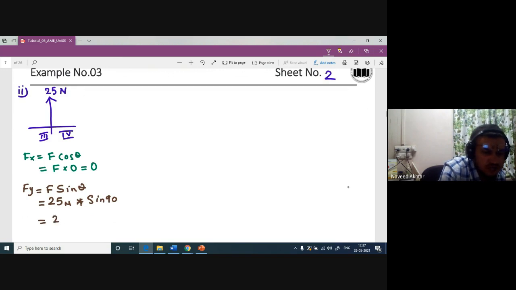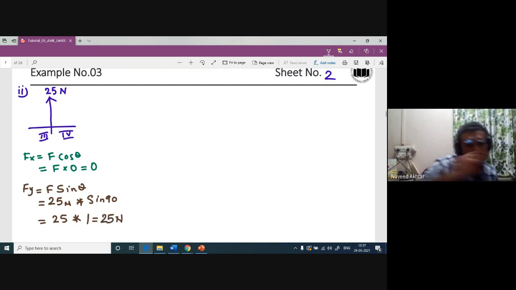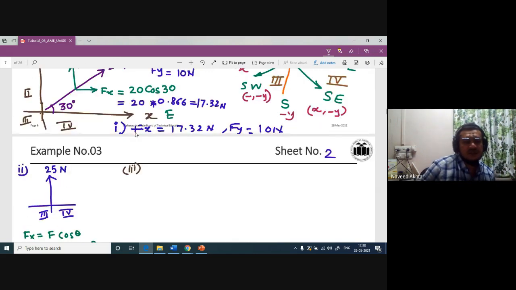So 25 into 1, then Fy is equal to, as it is, 25 Newton. समझ में आ गया? So this is the second force, 25 Newton, we have resolved. Similarly, we'll solve the third example for resolving the force. What is this, sir?